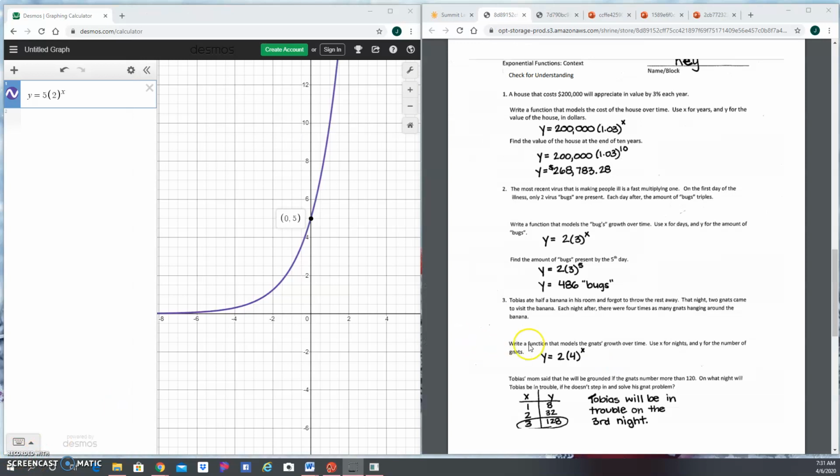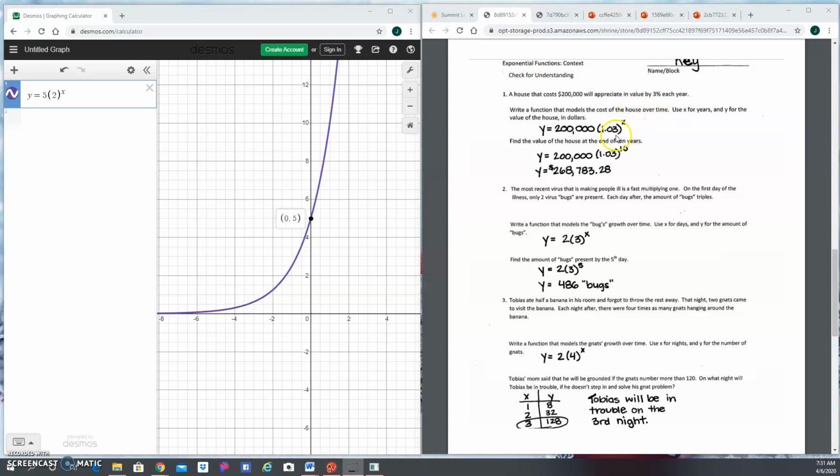Okay, now guys, we're going to move on to objective number 5, and objective number 5 allows you to plug in your equation and then solve for some values of x. So in this case, it says that a house has a cost of $200,000, which appreciates in value 3% each year. So you know that year or time is always your power, always your exponent. 3% is 0.03.